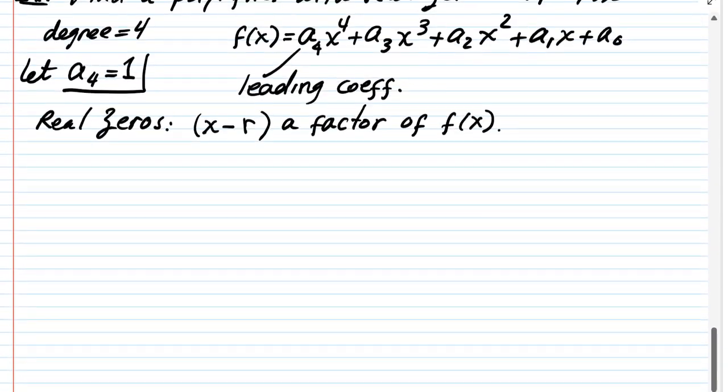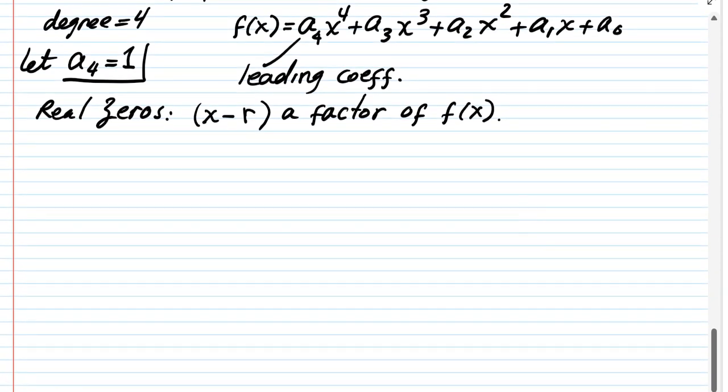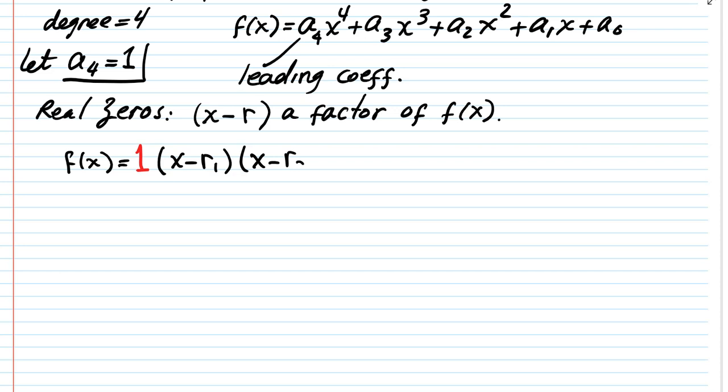All right, now, because x minus r is a factor, then we can write them like this. We can say f of x is equal to, here's my leading coefficient, and the remaining factors: x minus r1, x minus the second real zero, x minus the third, and x minus r sub 4, which is the fourth real zero, right?